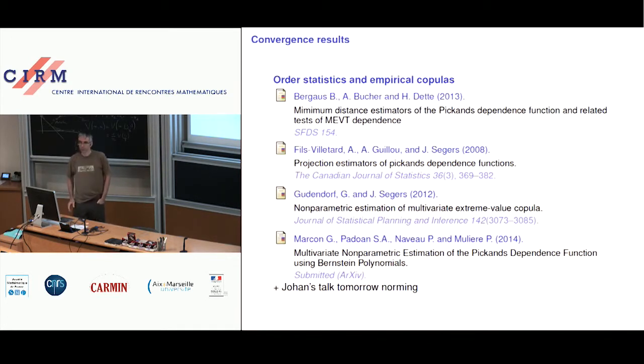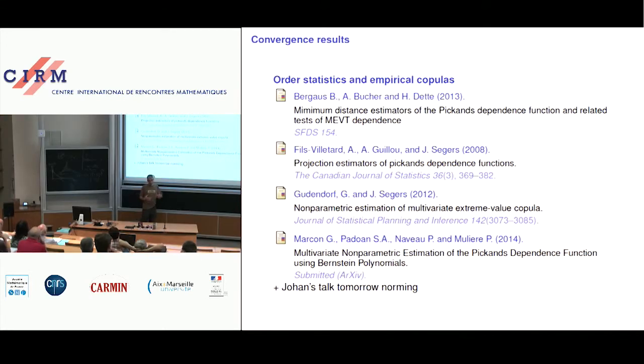So I didn't speak a lot about convergence results. In fact, if you go back to the estimator we looked at, basically everything was based on ranks or the uniform distribution. And a lot of people have been working on so-called empirical copulas, which is basically ranking of multivariate structure. And there are a lot of results.